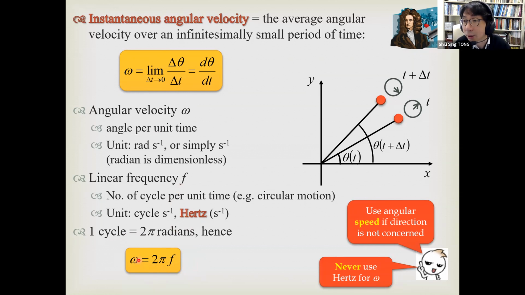That gives you the angular frequency. So the relation is simple: the linear frequency multiplied by the angle in a circle, 2 pi, gives you the angular frequency. Sometimes we call it angular frequency, but since this is measuring a velocity, we call it angular velocity.